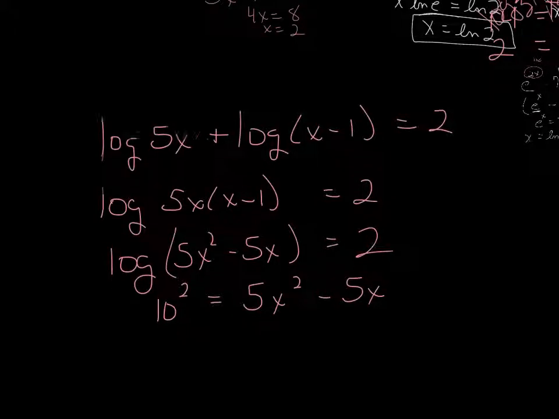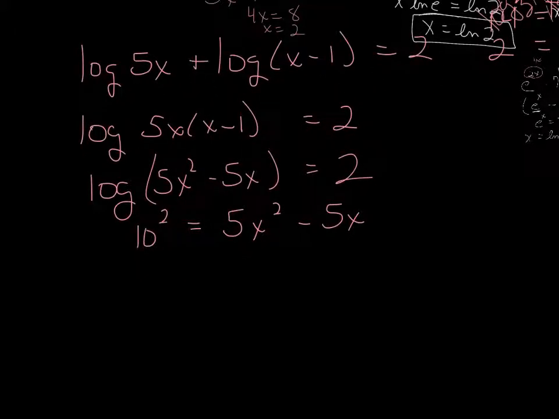If we subtract and put everything on one side, we have a quadratic. Just to make this easier, I would divide everything by 5 first, since they're all divisible by 5.